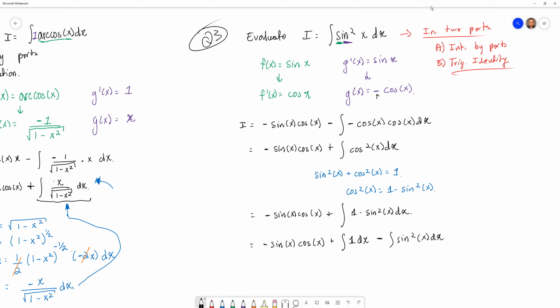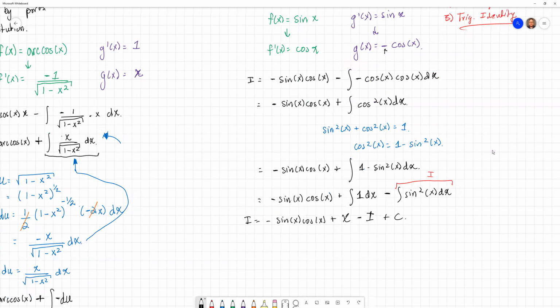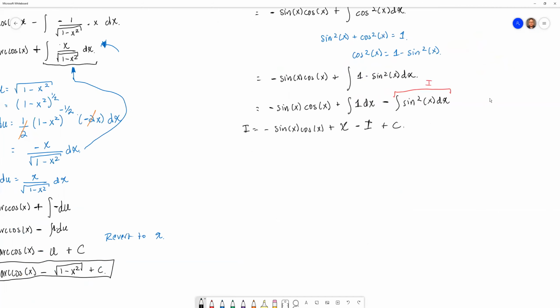Okay, and I'll actually replace this with I now. So I have I is equal to minus sine x cos x plus the integral of 1, which is just x, minus I plus c, because I've computed that integral there. So we're getting close.